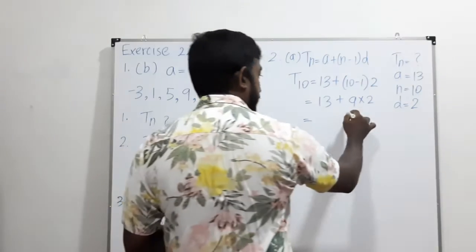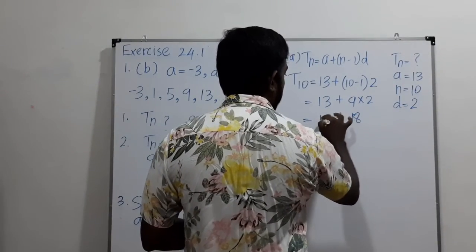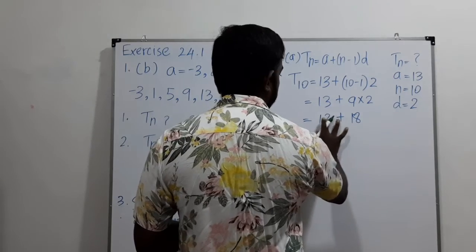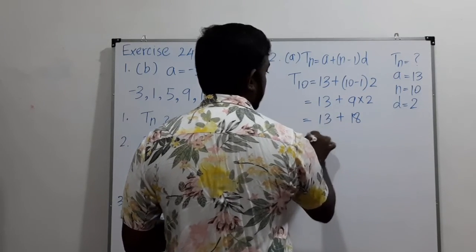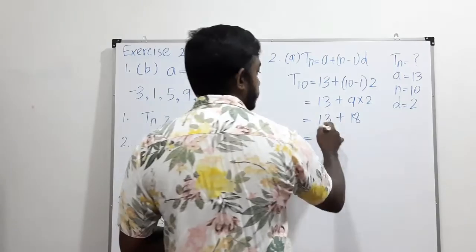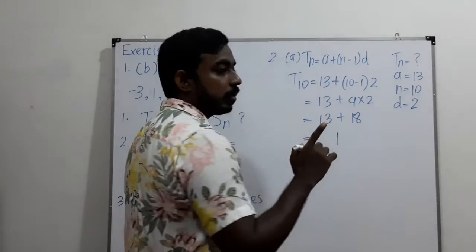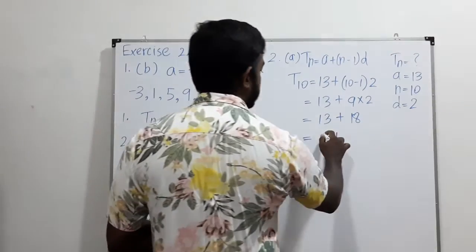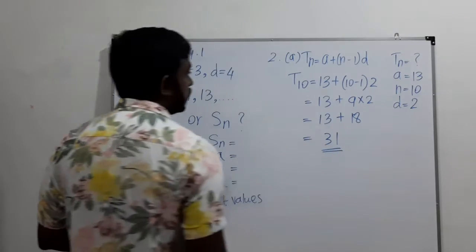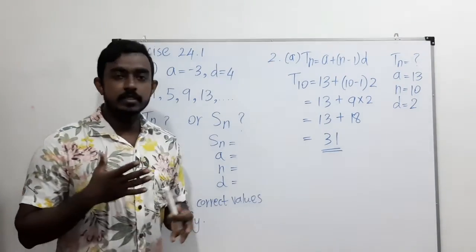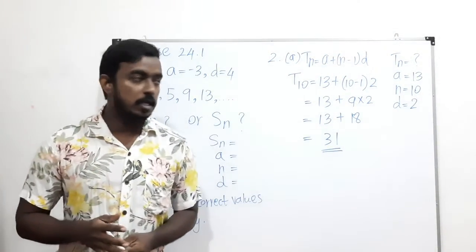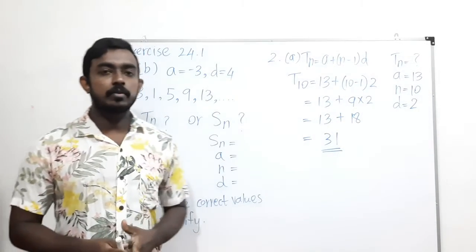So it will be 18. We have to add 18 and 13. Then our answer will be 8 plus 3 is 11, 1 remains, 1 plus 1 plus 1 is 3. 31. So if you follow these steps, you can easily find out the answer.